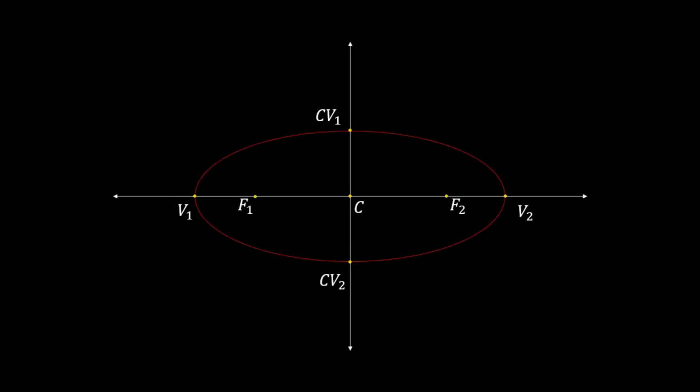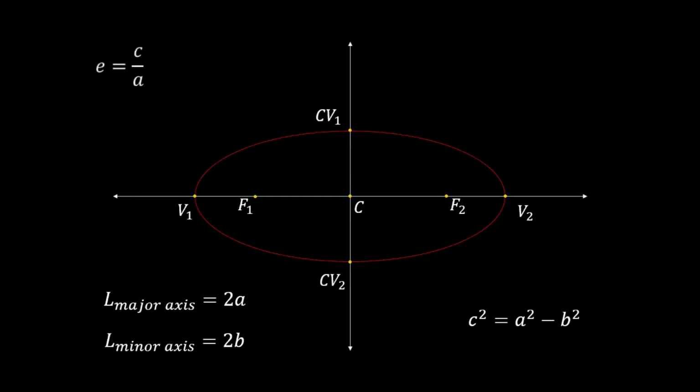Okay? Now, next is yung length of the major axis is 2A and the length of the minor axis is 2B. Then, yung mahalagang formula na Pythagorean-like structure: C squared is equal to A squared minus B squared. Then, lastly, the eccentricity formula for ellipse is C over A. Remember that the importance of eccentricity is to determine what type of conic section it is.